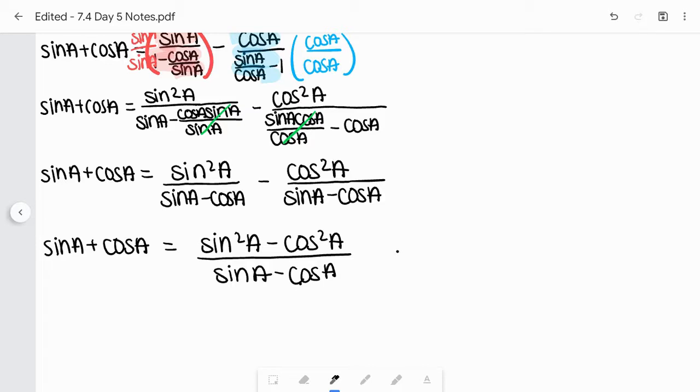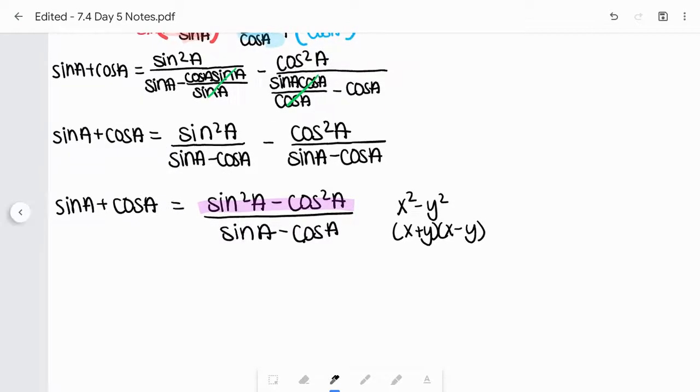Okay, now let's go ahead and look at my numerator here. This should look kind of familiar back to our algebra classes. If we've got y squared minus x squared, that's just going to be x plus y times x minus y. So let's go ahead and factor this to be in that form.